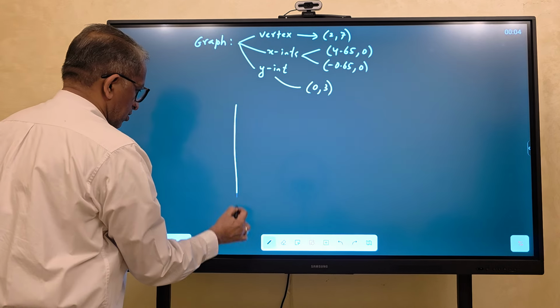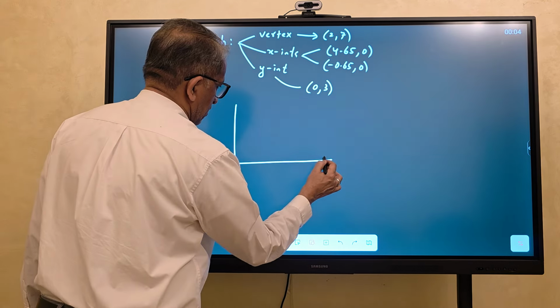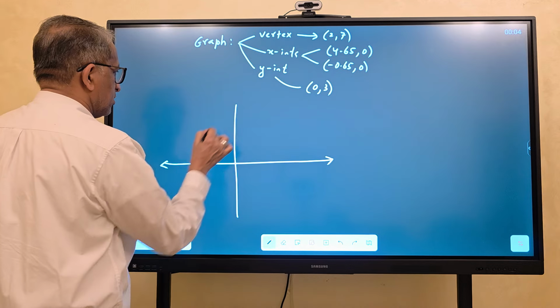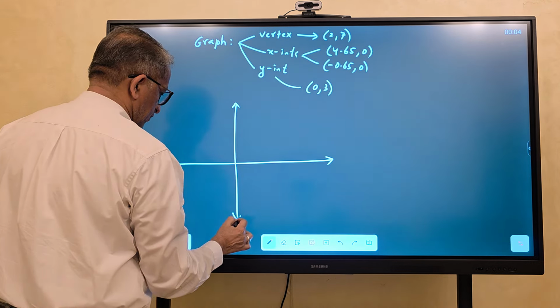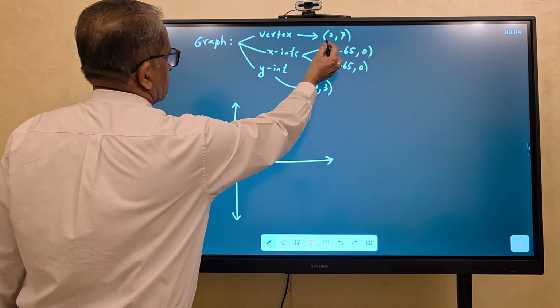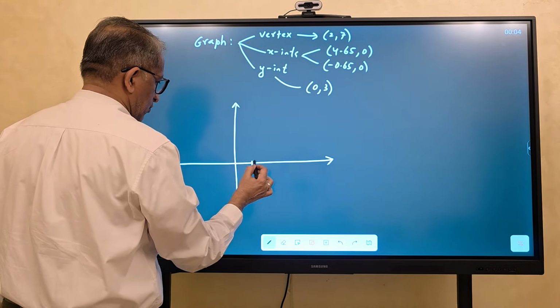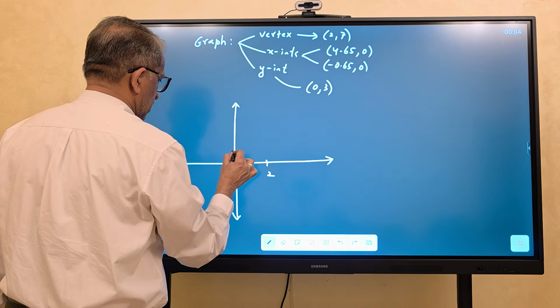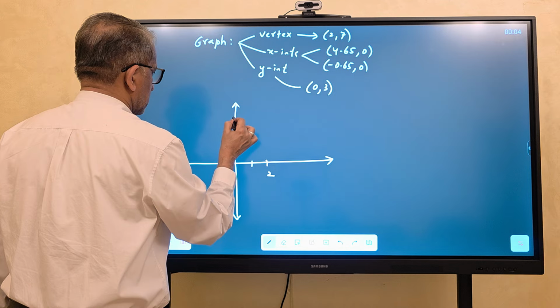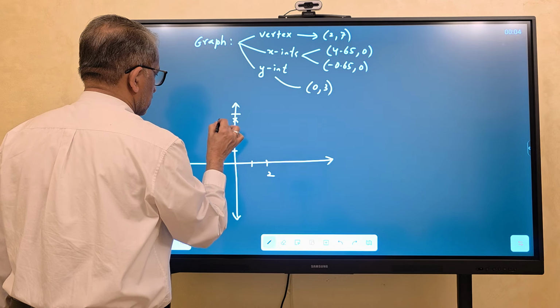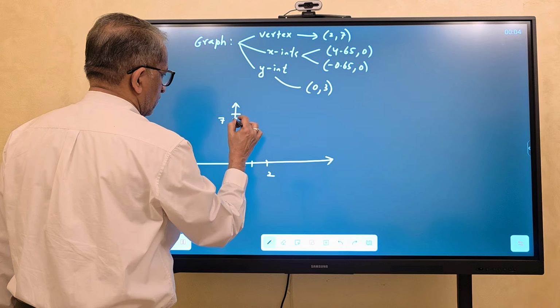Draw it here on the x-axis, and this is the y-axis. Let's start with (2, 7). It is 2, 4, 6, 8. That means here you have 7. Here we have 2.